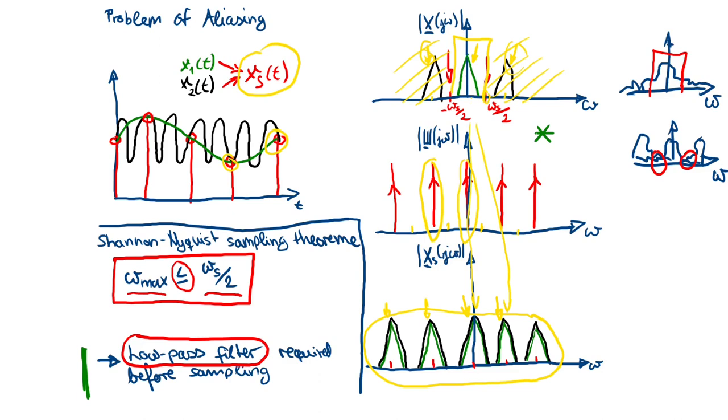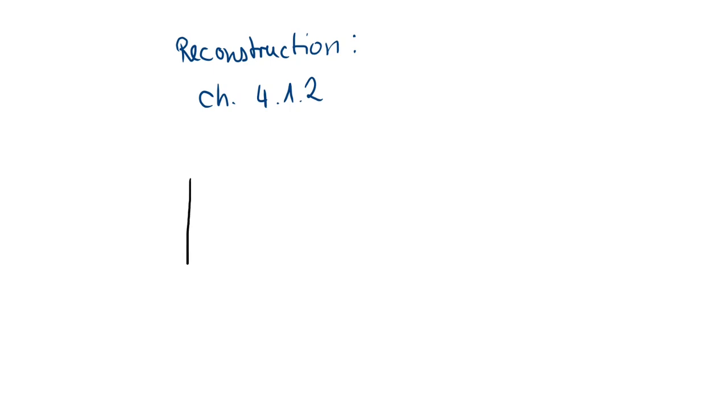And another point where the Shannon-Nyquist sampling theorem is important is reconstruction. Please read chapter 4.1.2, which also considers reconstruction. But in general, it is about transforming a signal back to the time continuous domain. Imagine that you have a sampled signal and you want to reconstruct it, so return to the time continuous domain.